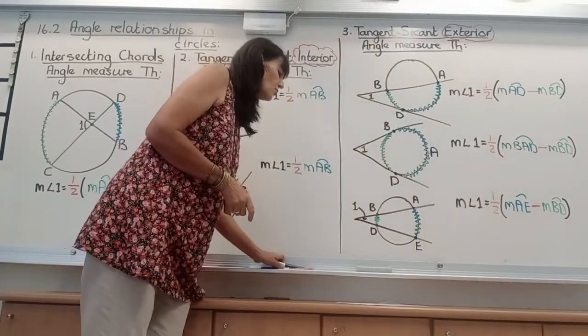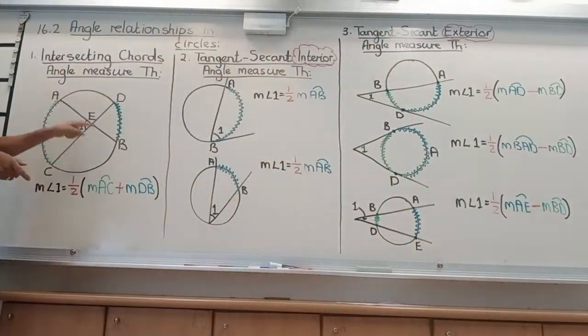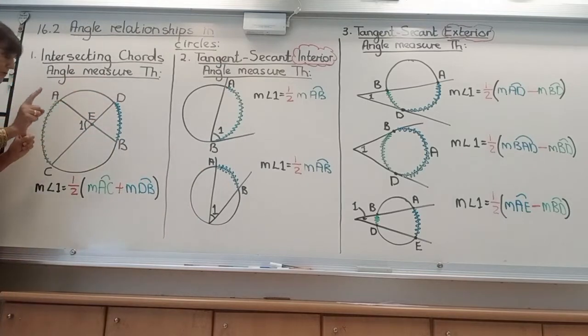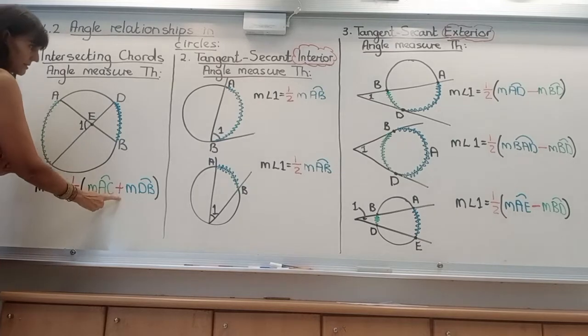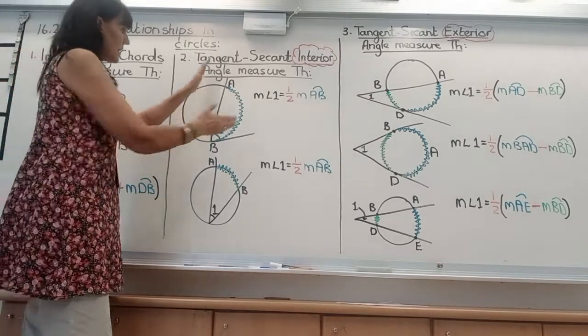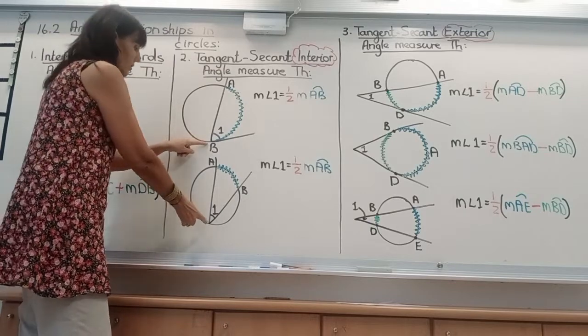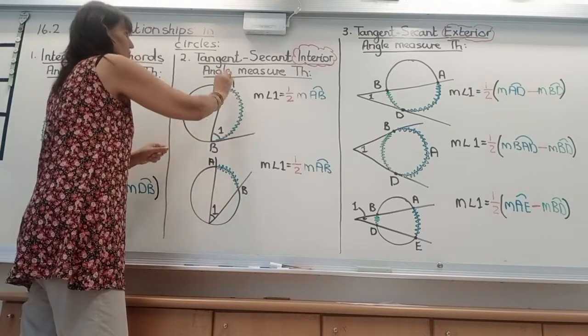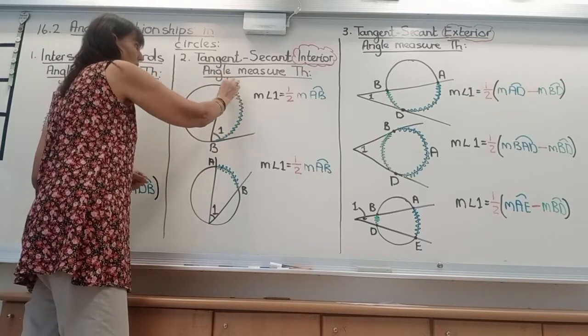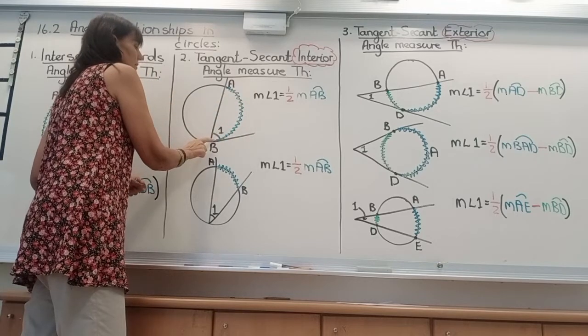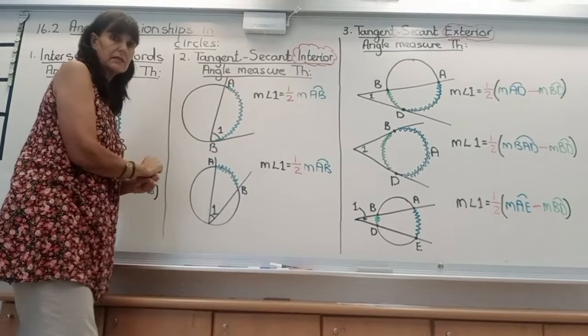Now let's just recap. Chords, half of, and the two arcs, plus. When there's an interior angle like this, and it's on your circumference, it's only the one arc, half of that arc that is formed by this angle.